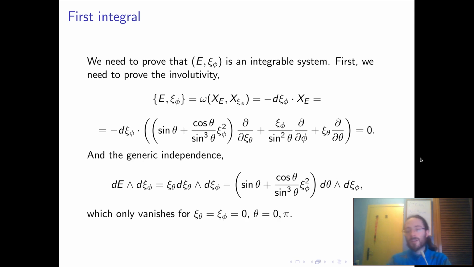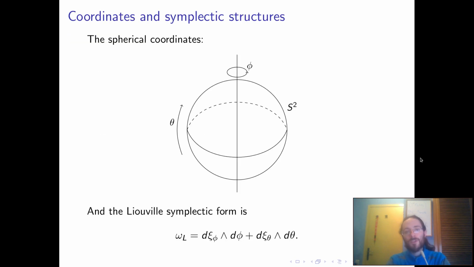So if we go back to the picture here with the pendulum and so on and so forth, those points are only the north pole and the south pole. So in the configuration space there are only 2 points, and going up to the phase space, considering the momenta, we are asking for the momenta to be 0, so these are actually only 2 points in the cotangent bundle of this sphere.